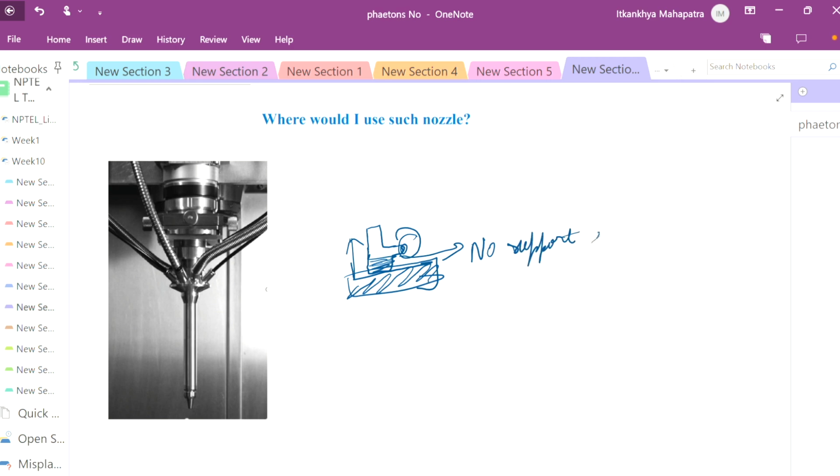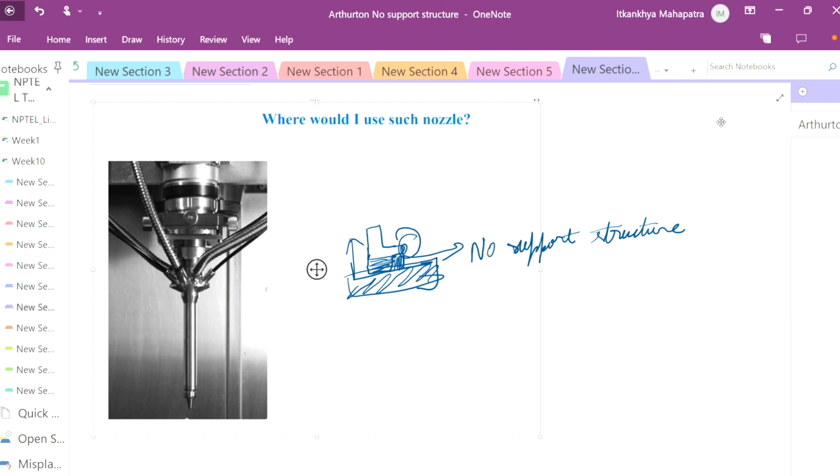This will be overhanging. Here there is no powder bed. This whole part is hanging in the air.